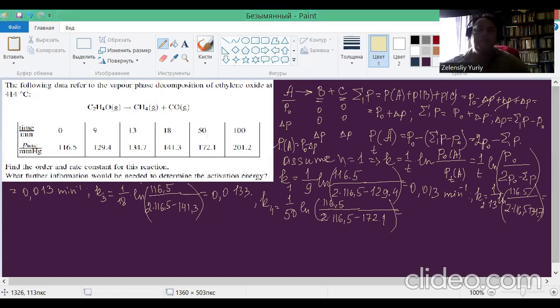Oh, finally. Again, you can see that it's very close to the previous values. Now let's see k sub 5.